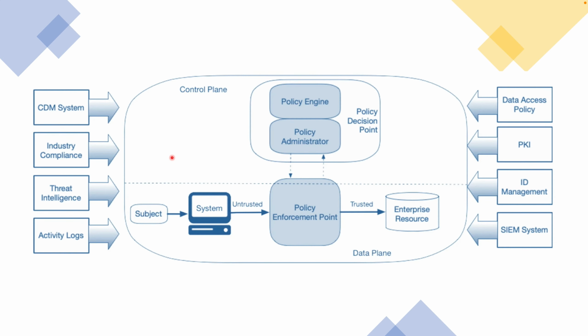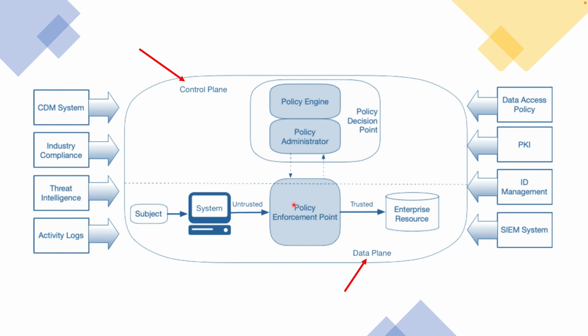Now let's check the control plane here and the data plane here. We can see the policy decision point is broken into 2 logical components: the policy engine and the policy administrator.